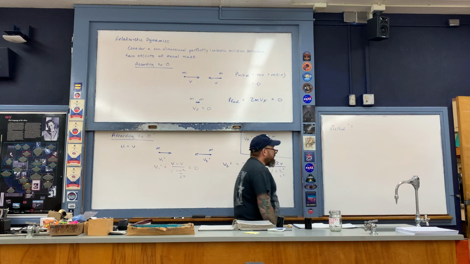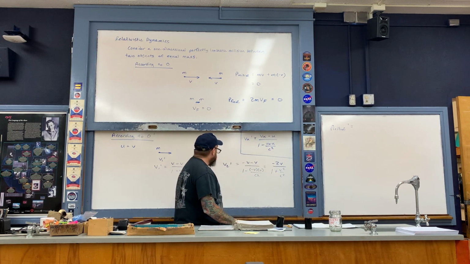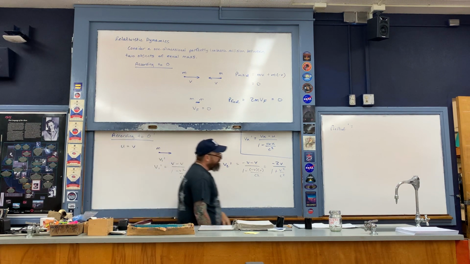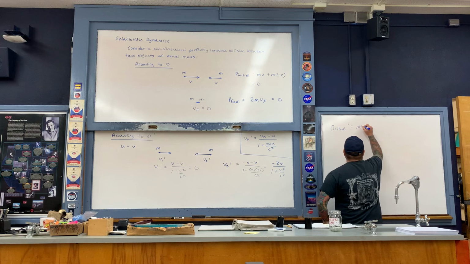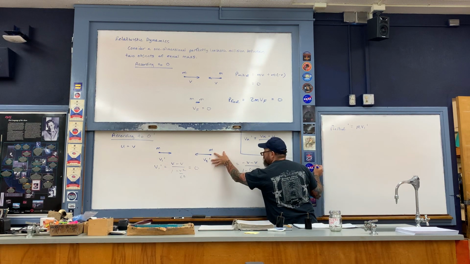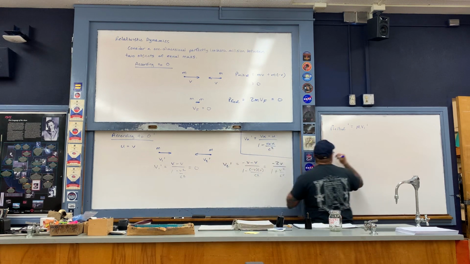So P initial prime now is as follows. We're going to have here, first of all, the initial momentum of number 1 with respect to O prime. That's going to be m times v1 prime. Plus then right here, the initial momentum of the second object with respect to O prime, that's going to be m times v2 prime.